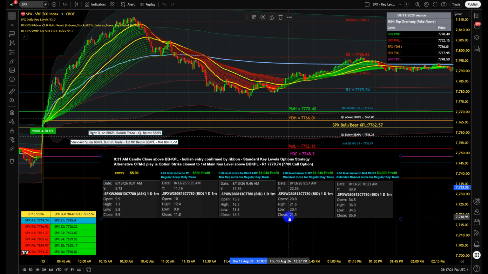The bid was $21.30. And the extended runner moves, 2.5 level move to mid R2, R3, $3,000 profit, bid $35.90.